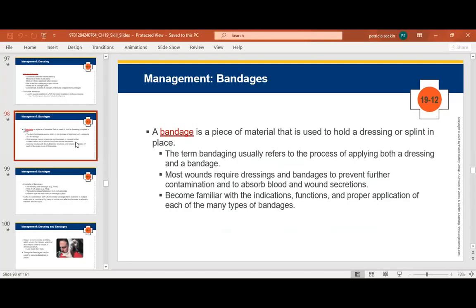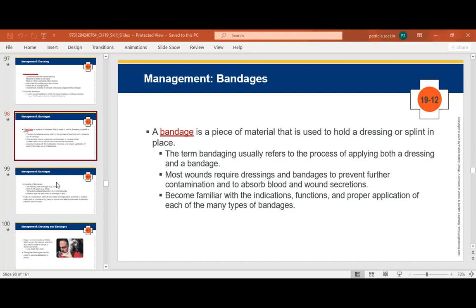A bandage is a piece of material that's used to hold a dressing or splint in place. The term bandaging usually refers to the process of applying both the dressing and a bandage. So just know the difference between dressing and bandage. The bandage holds the dressing in place. The dressing is what's right against the wound or controlling the bleeding.